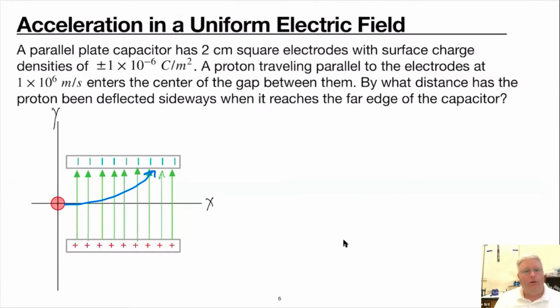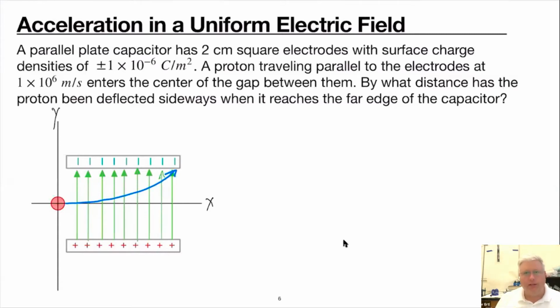And so the question now is, by what distance has the proton been deflected sideways when it reaches the far edge of the capacitor? Maybe a more accurate depiction is that it's going to go all the way to the far side like that, following some sort of projectile path, and reaches the far edge.